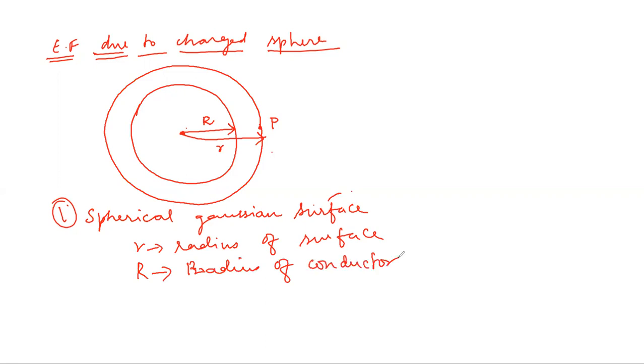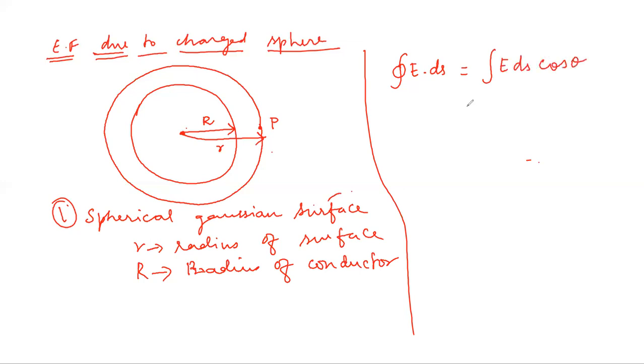Now, next what we have to do? We have to find E dot ds. So what is closed integral E dot ds? It is equal to integral E ds cos theta. Let's find this. What is theta? If you see, this is the surface, and I have already said the area vector will be directed outward normally like this. And what is the direction of electric field? It is also like this.